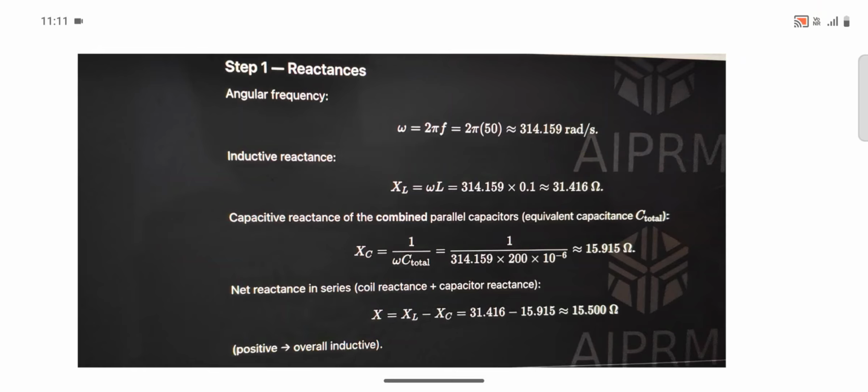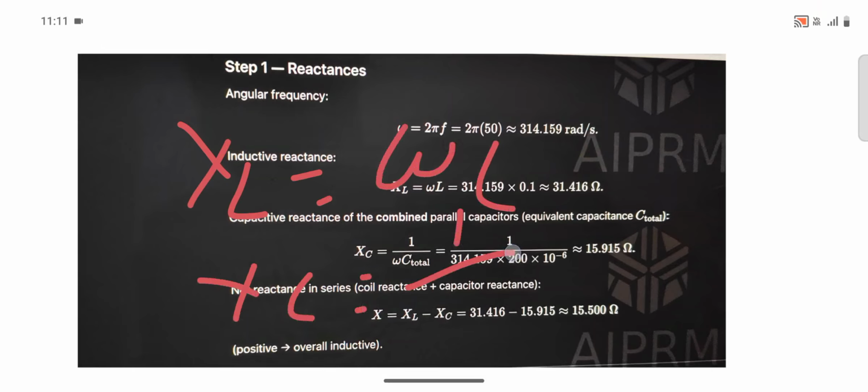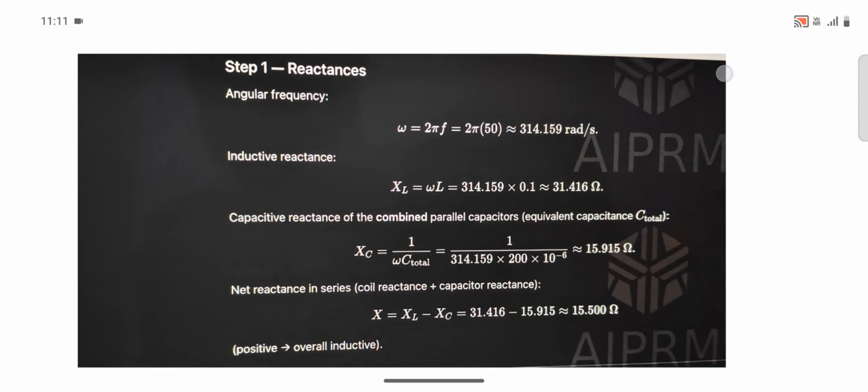Inductive reactance formula XL is equal to omega L and XC is equal to 1 by omega C. Here we simply put the value of L, we know, and omega we already calculated. Similarly, capacitive reactance we will calculate as 1 by omega C total, which is the total equivalent. Then we will get the equivalent.